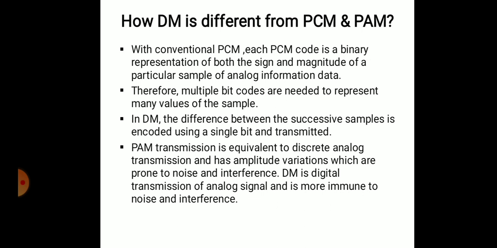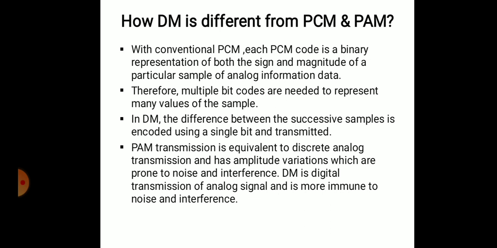Now, what is the difference between PAM and DM? Pulse amplitude modulation transmission is equivalent to discrete analog transmission and has amplitude variations which are prone to noise and interference, whereas delta modulation is a digital transmission of an analog signal and is more immune to noise and interference.